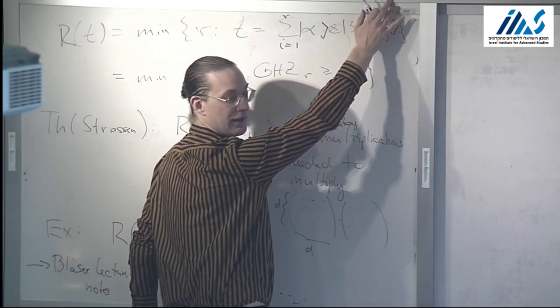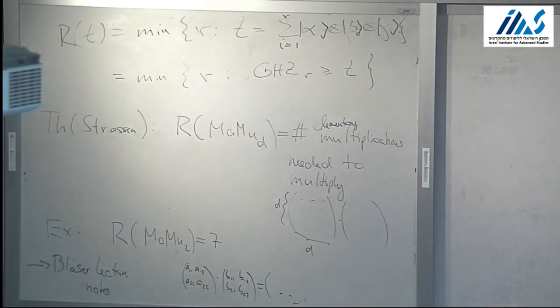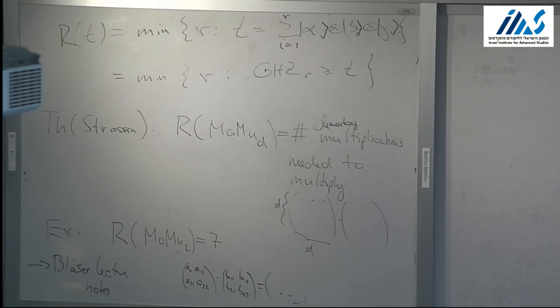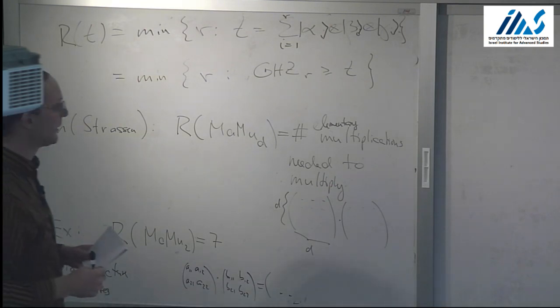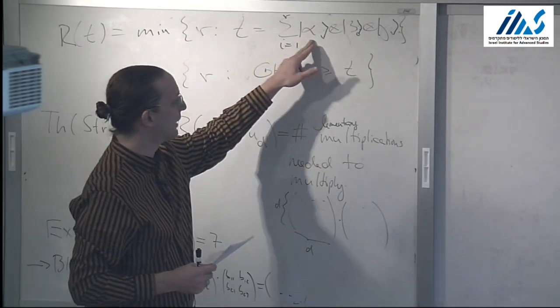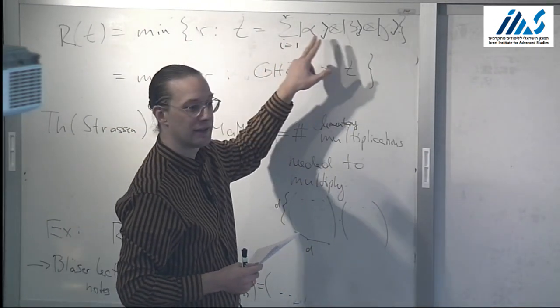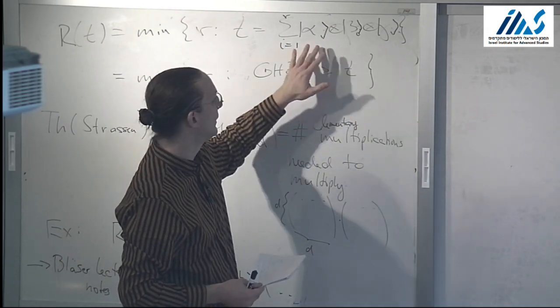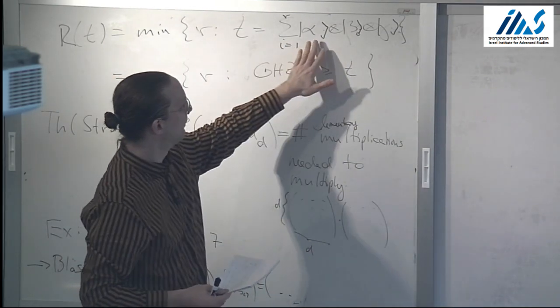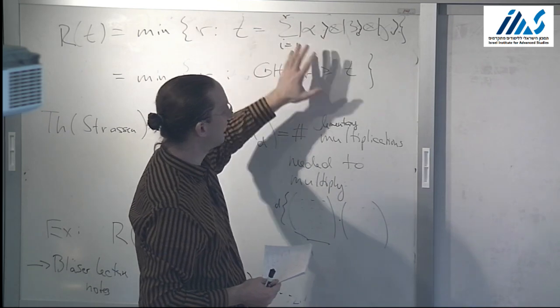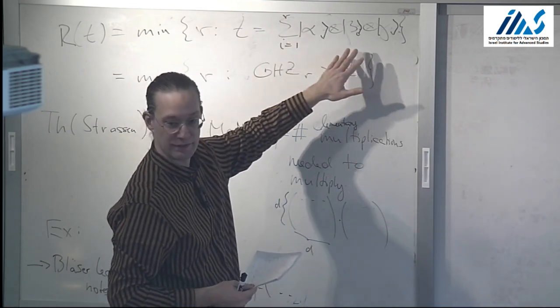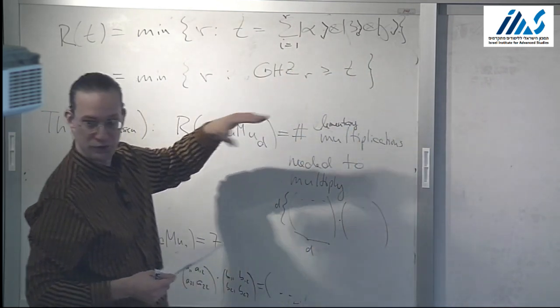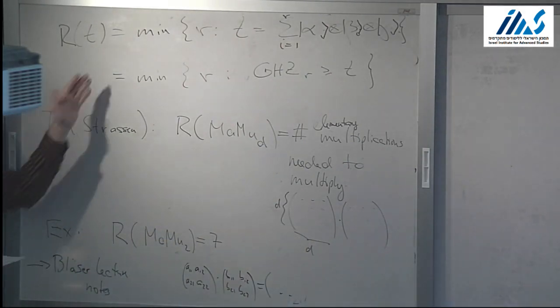So the tensor rank in this sense generalizes matrix rank to tensors. But it's considerably more complicated because these alpha_i's, beta_i's, in the matrix case, you can take them to be orthogonal. But in this tensor case, these alpha_i's themselves will not form a basis, and the beta_i's neither, etc. So it will be a more complicated beast.